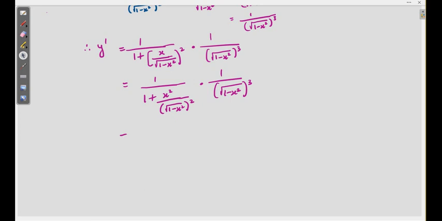Usually when you have 1 plus a fraction, you simply say the denominator of that fraction, which is the root of 1 minus x squared to the power of 2. You're going to rewrite it again just to form 1 using that denominator, 1 over 1 minus x squared to the power of 2, and then plus x squared all over that, 1 minus x squared to the power of 2.